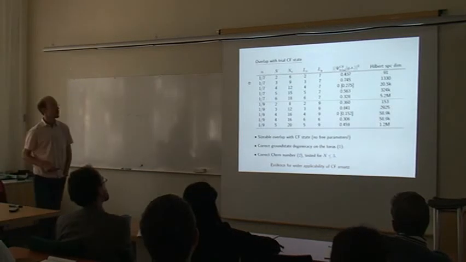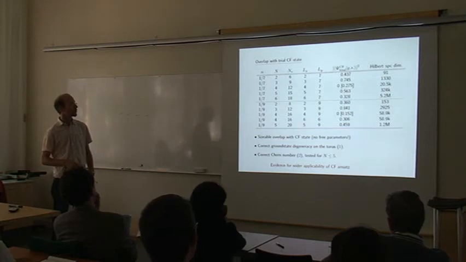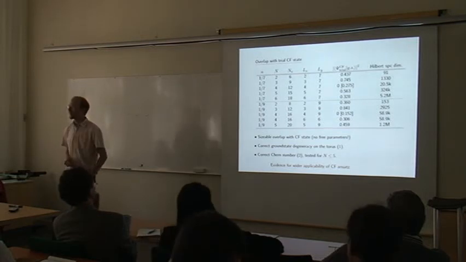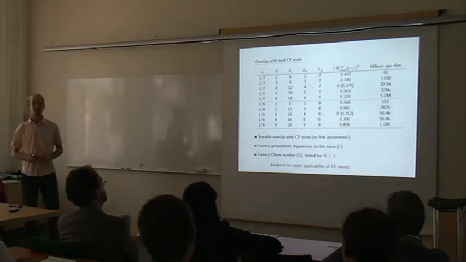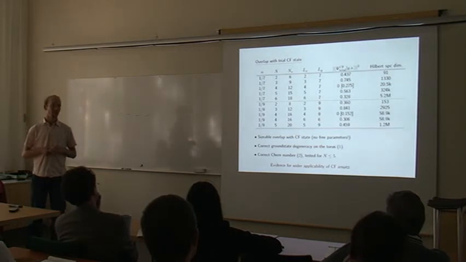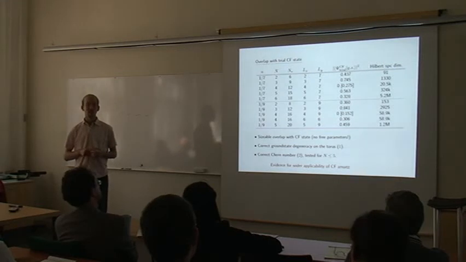Okay. So again, these are the numbers for overlaps. And as we pointed out earlier, in the continuum we're used to composite fermion wave functions which have an extremely good overlap with the exact states. Now, first of all, we did include a Landau projection there, which we omitted here.